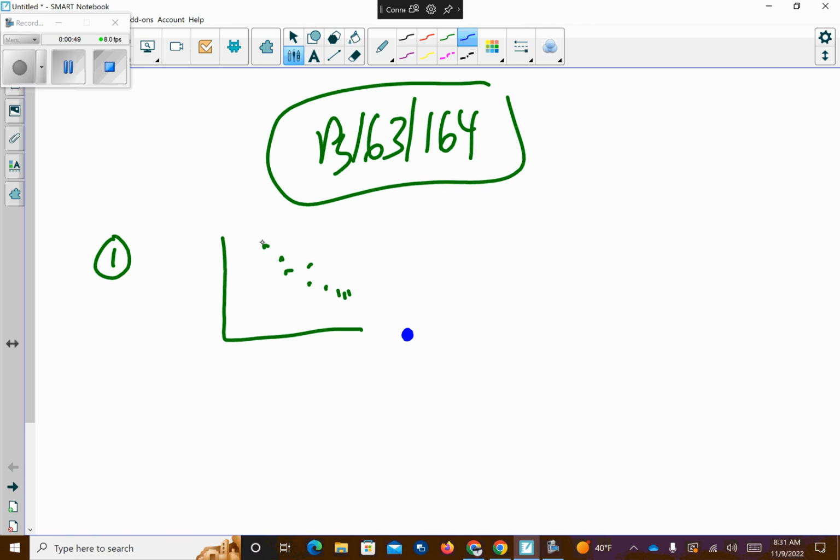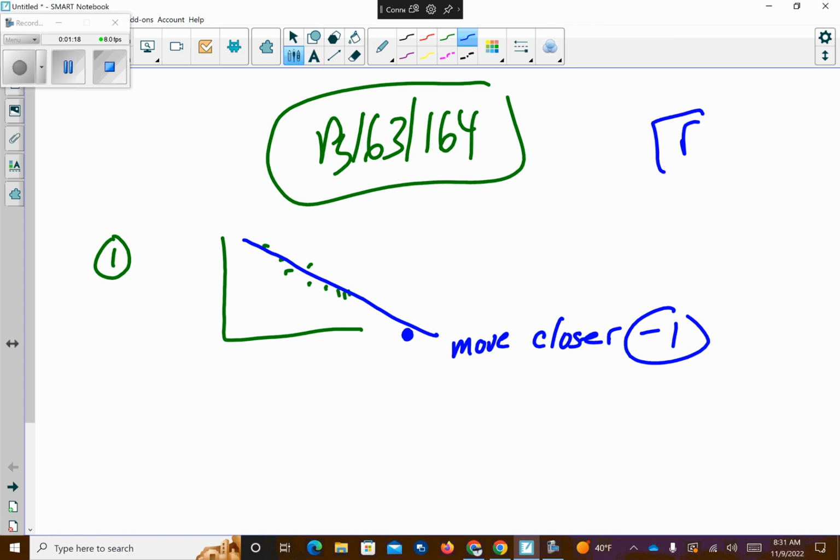So 2500 comma 0 would more than likely move closer to -1. Is -1 good? Yeah, I mean, these are our values, the correlation.